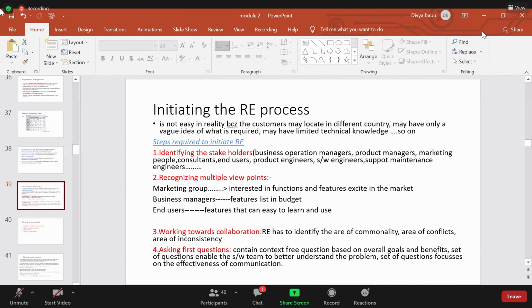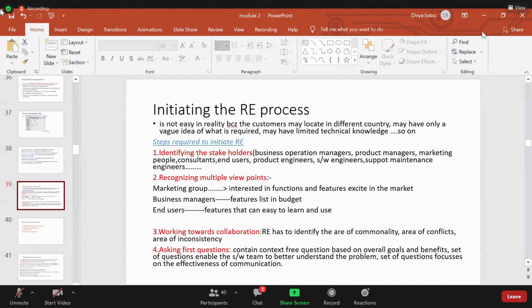End users care about ease of use: is it understandable, is it a complicated system, can I use it very easily? That part is the end user perspective. So different groups have different perspectives, and when you go for the technical review meeting, all stakeholders will participate to represent their side.